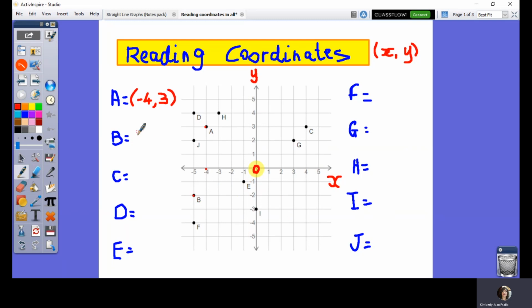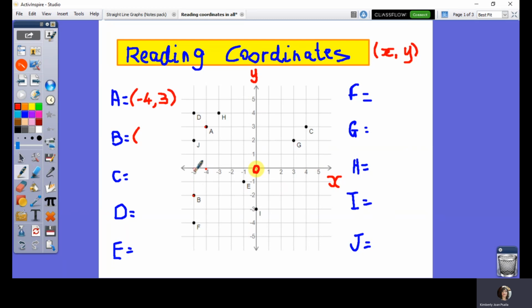Let's move on to point B. Always start from the 0 position. First move on the x-axis. You can use your finger or your pen to move along the numbers. So -1, -2, -3, -4, -5.